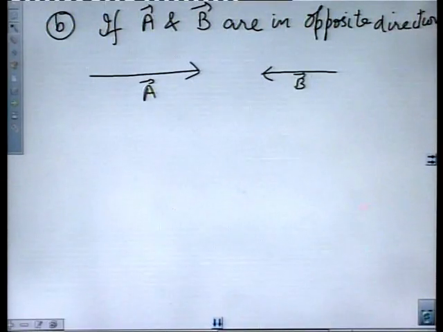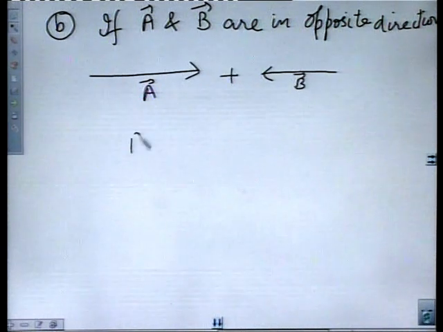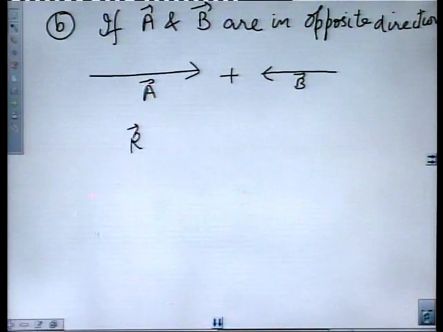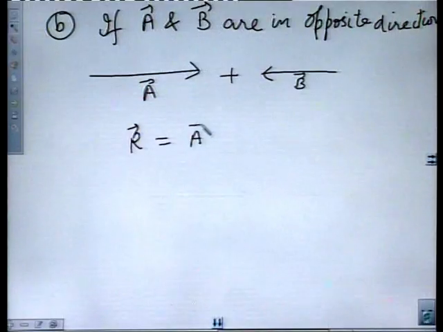Both vectors are opposite to each other and we have to add these two vectors. The resultant of two vectors R vector is equal to A vector plus B vector.